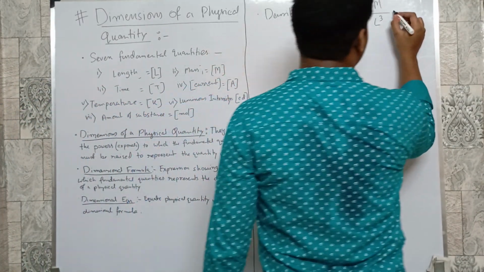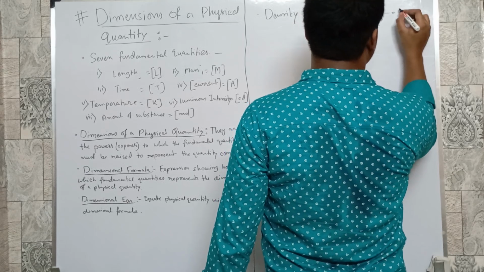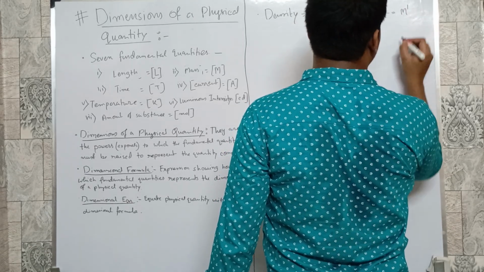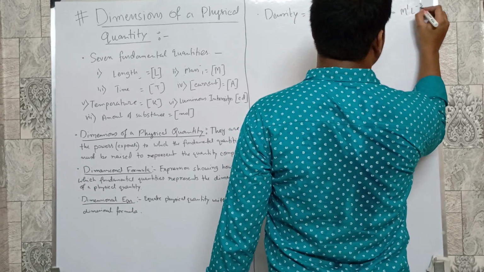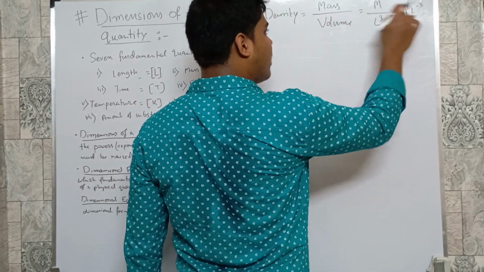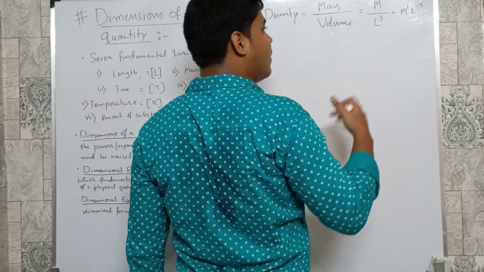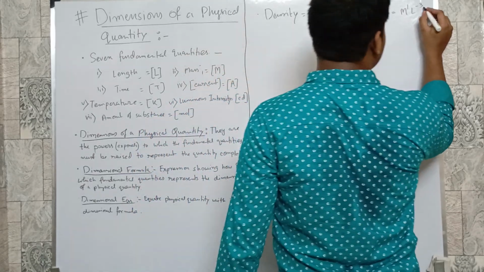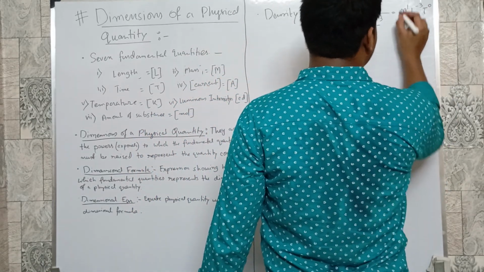So finally the dimension of density will be M to the power 1, L to the power minus 3. Though the convention is we always try to write the dimension in terms of M, L, T at least, so we can also write T to the power 0.